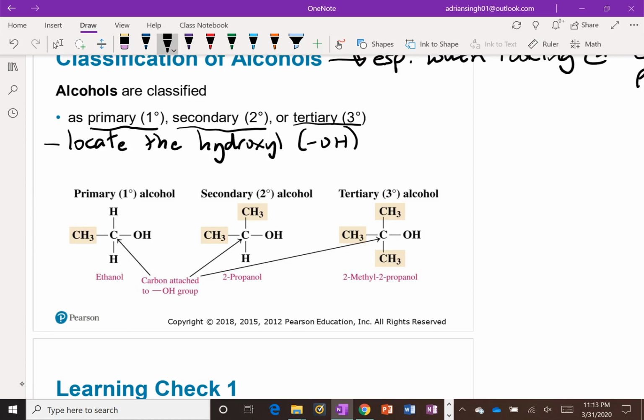So we first find that, and then we locate the carbon directly connected to that OH.